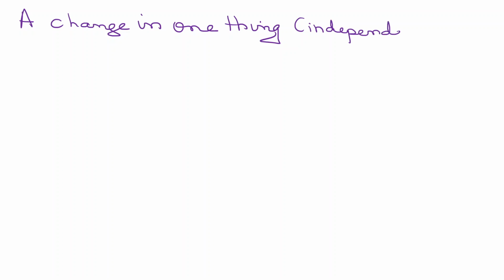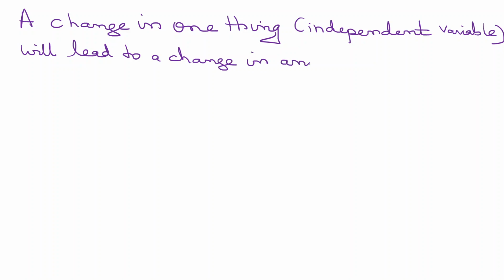So basically, any cause and effect relationship supposes that a change in one thing, which is the independent variable, will lead to a change in another, which is the dependent variable.